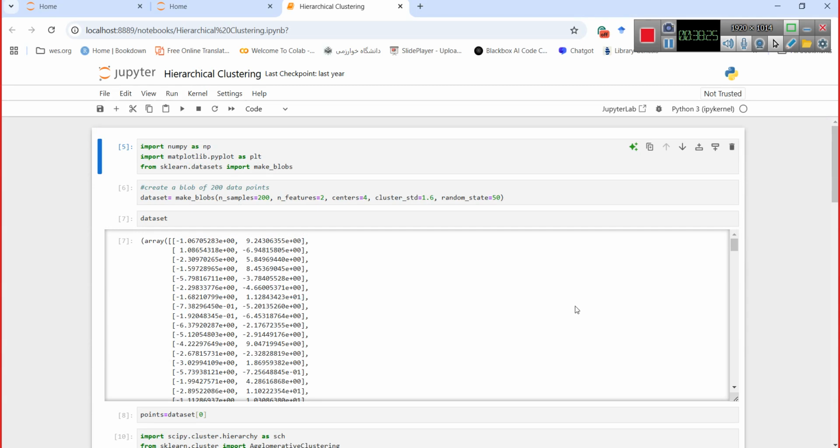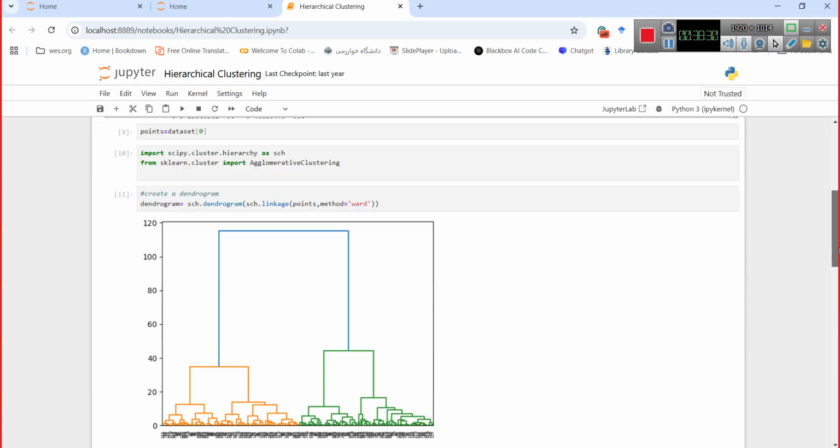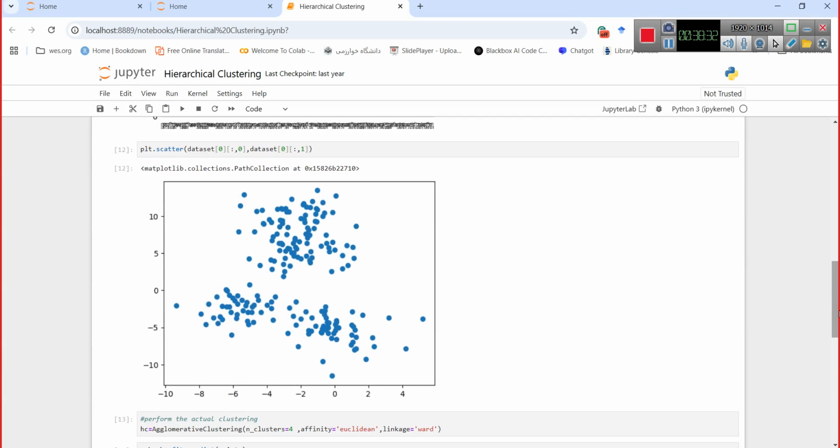For example, in this case, we are going to cluster our examinees. We are going to investigate whether our examinees are clustered in different clusters or not.